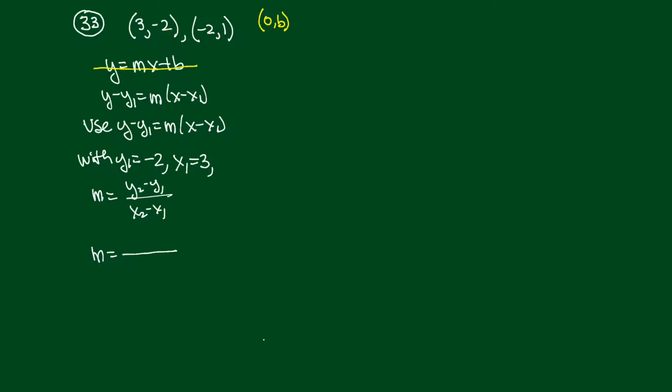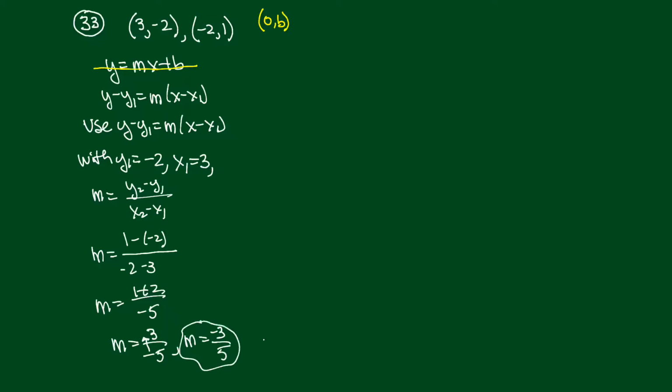So 1 minus negative 2 over second x minus first x, negative 2 minus 3. So we are at 1 plus 2 over negative 5. Looks like we're going to get a slope of 3 over negative 5, but I'm always going to put that negative sign up on the top. So m is negative 3/5, or I'll circle it so I can find it.